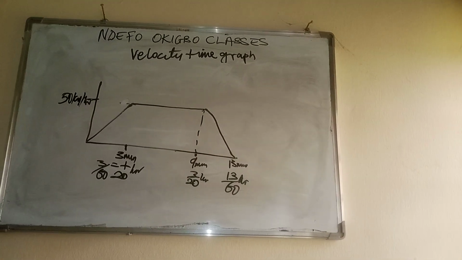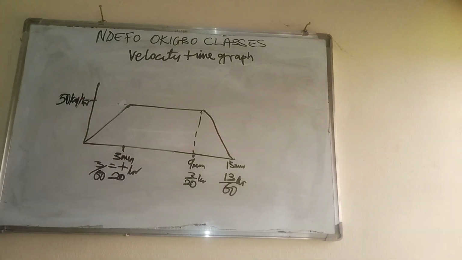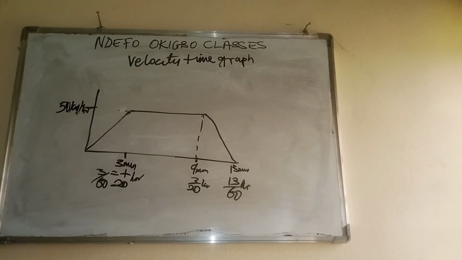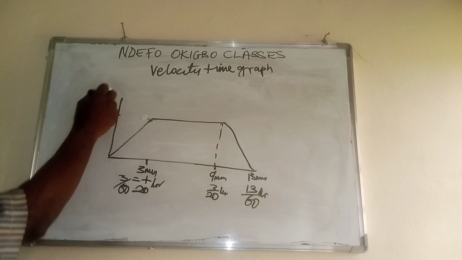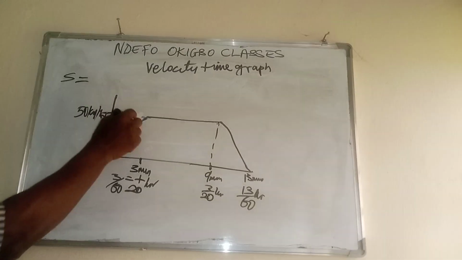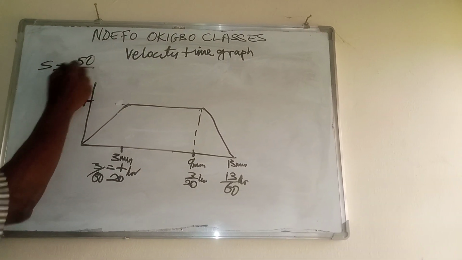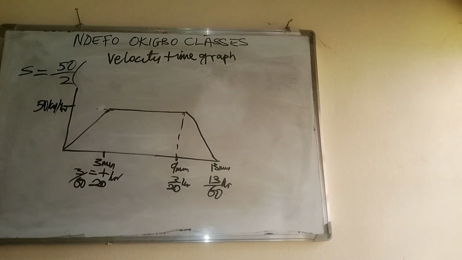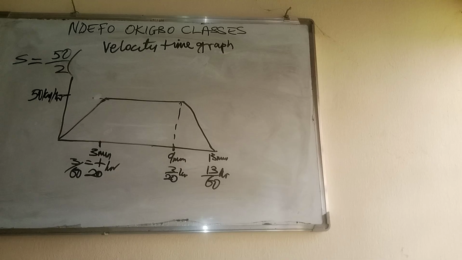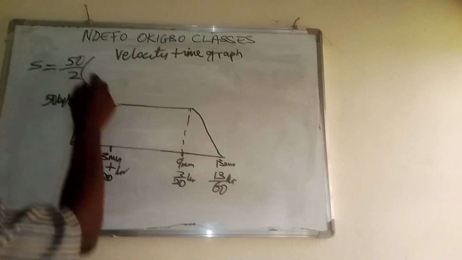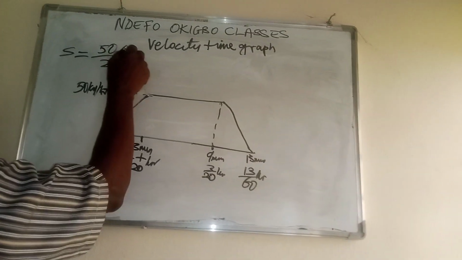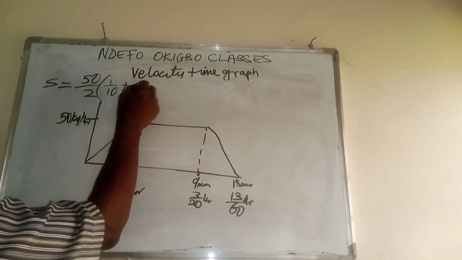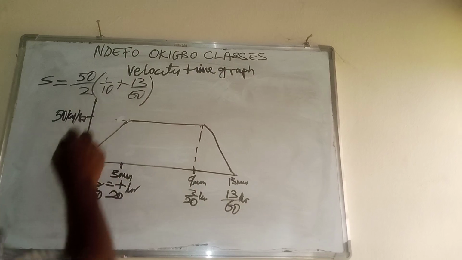So it's just to get the area of this. If I get the area, I get the total distance traveled. The total distance traveled is the area of the trapezium, that's 50 over 2, bracket, from here to here is 1 over 10 hours, plus the whole of this, which is 13 over 60 hours.